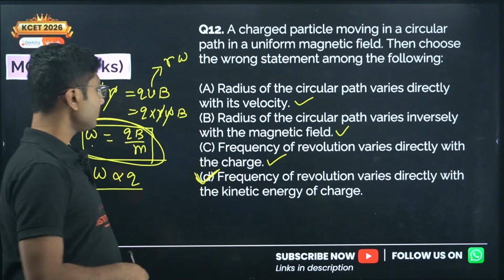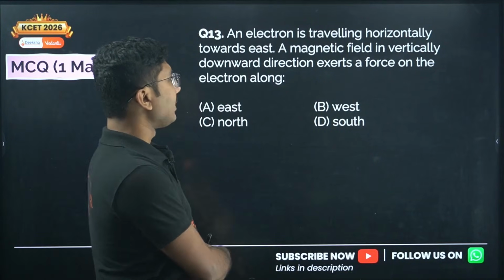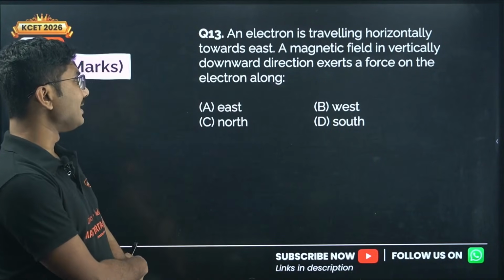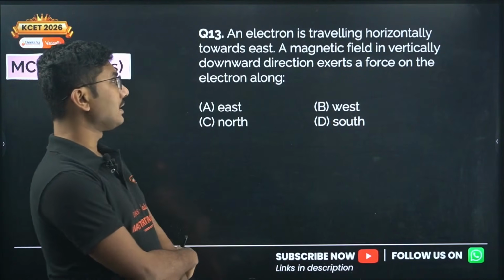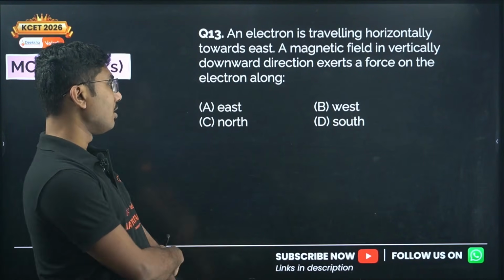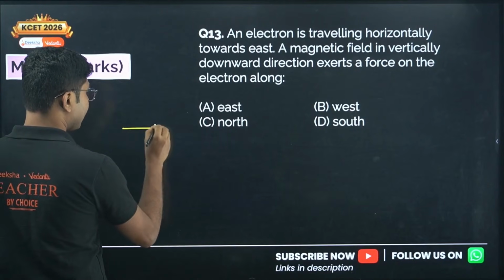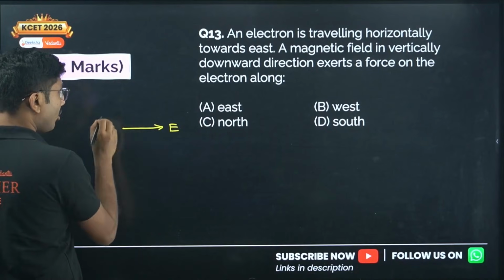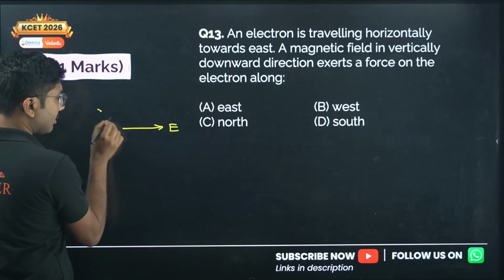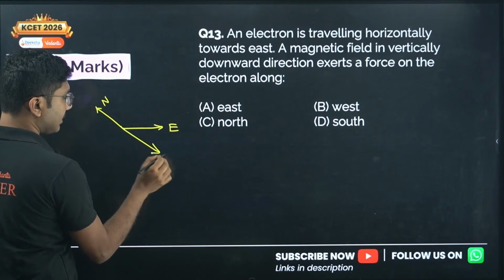Okay, now the next question. An electron is traveling horizontally towards east. A magnetic field in the vertically downward direction exerts a force on the electron along... So the electron is traveling along the east direction. Our north is not along the upside, north is along this side, and south is along this side.